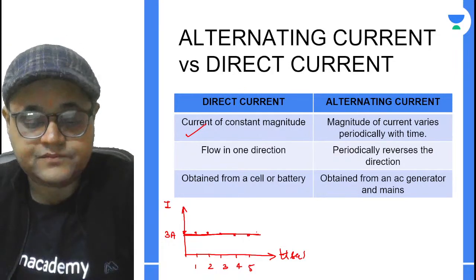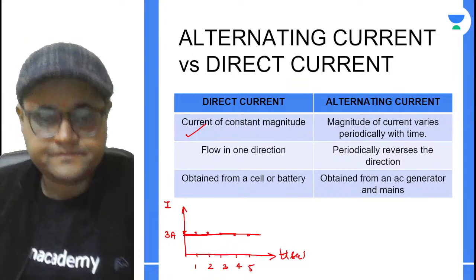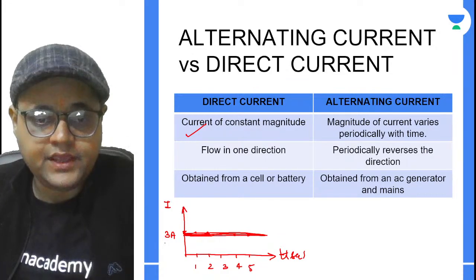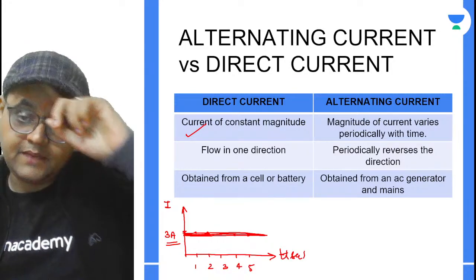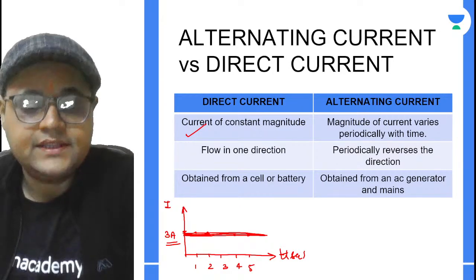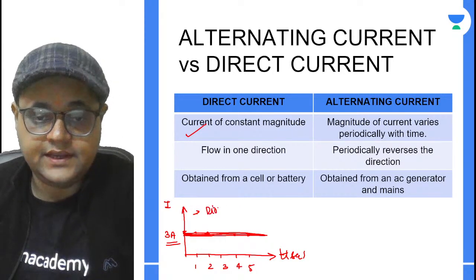This straight line signifies that the magnitude of the current is not changing. At all these points the current was indeed 3 amperes. So this sort of current is a direct current.